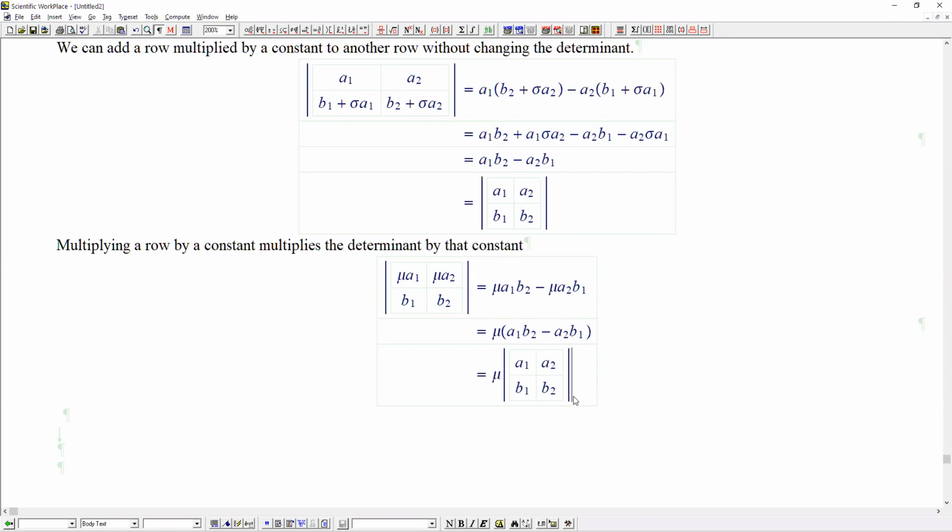Well, not exactly, because what we care about, by a non-zero constant, well, actually, no, it works even if it's zero. What I was about to say is what we care about is whether the determinant is zero or not. That's really what causes problems for us. So if you multiply a row and it multiplies the determinant by some constant, who cares, if the question is whether the determinant is zero or non-zero?